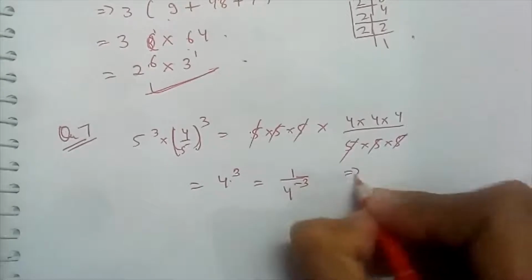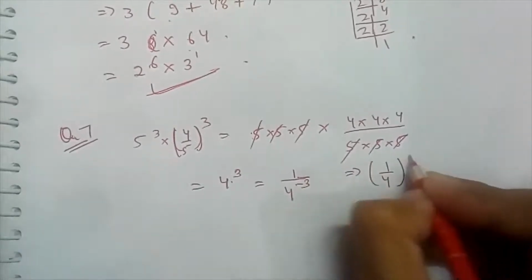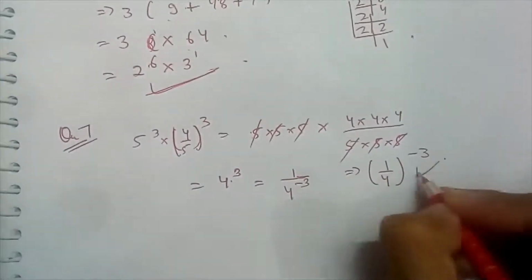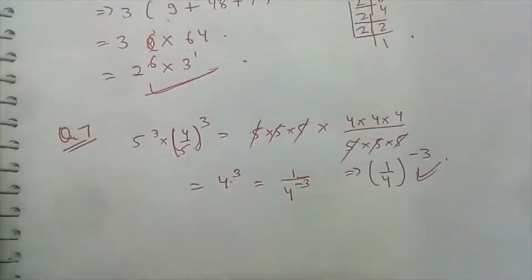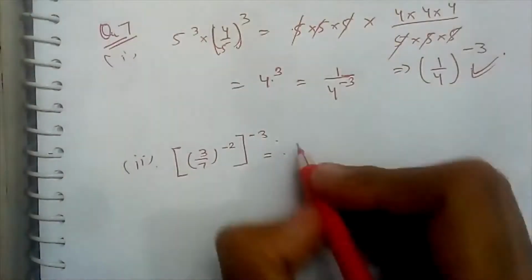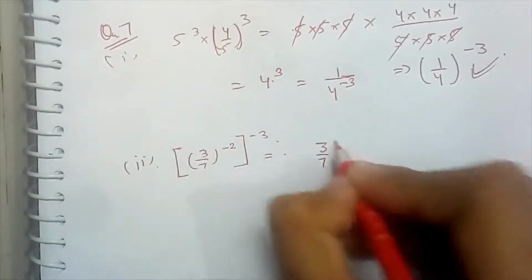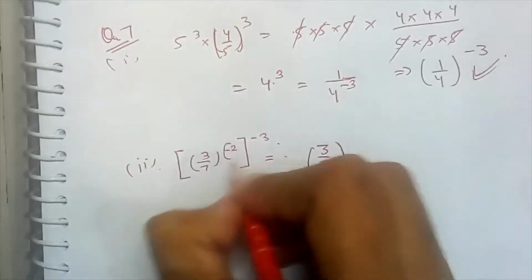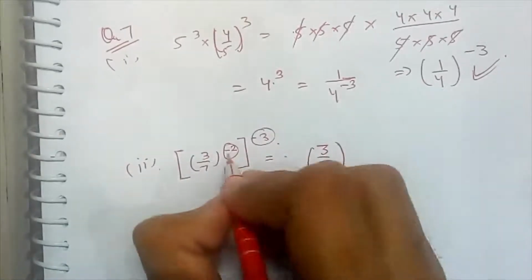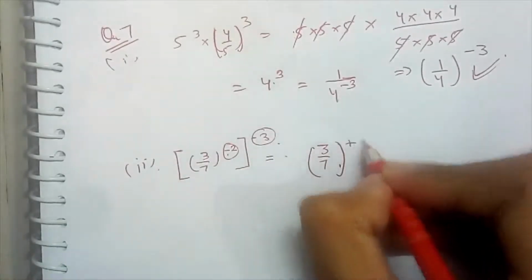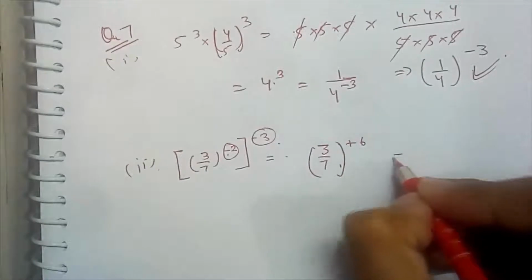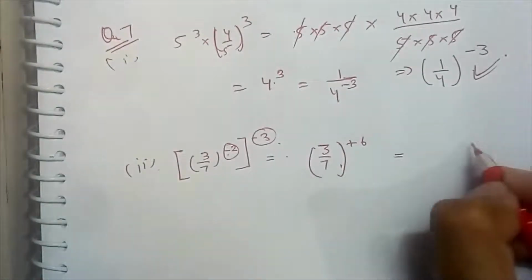Okay, so we could write it in negative power, we could write it as 1 upon 3 by 7 to the power minus 6, and then we could write it as 1 into 7 upon 3 to the power minus 6. Okay, so our main answer will be 7 upon 3 to the power minus 6.